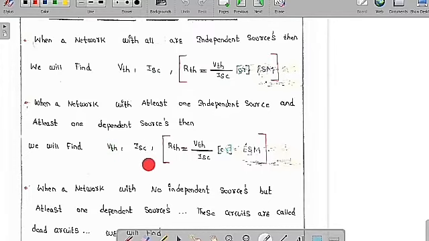And if you want ISC or the Norton current, just short circuit across the terminals A and B, then find the value of the current through these terminals, and we get the value of ISC. Similarly, RTH we can find with VTH by ISC or by the external source method. So for these two cases, everything is the same. We know VTH, we know ISC, just do the division, or with the help of the external source method we can also get the value of RTH.